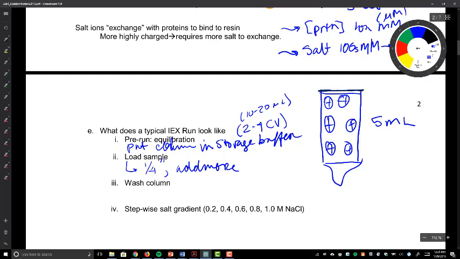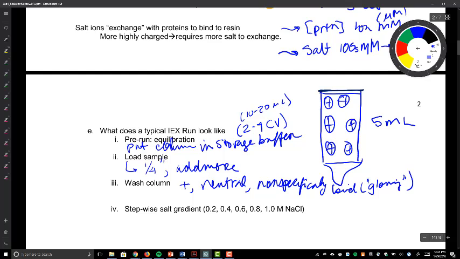Once we've loaded the sample onto the column, we have to get rid of all the positive proteins, the neutral proteins, and any proteins that are just non-specifically binding onto the column, or as I like to say, blomming.